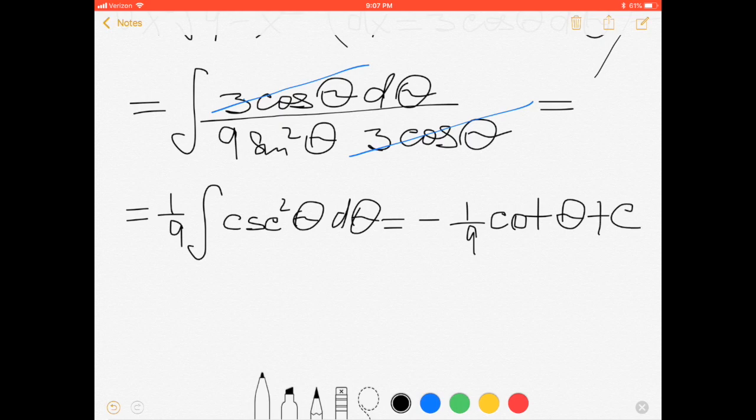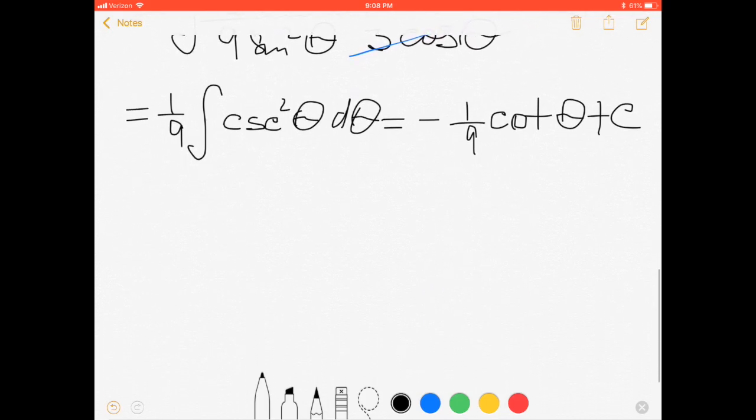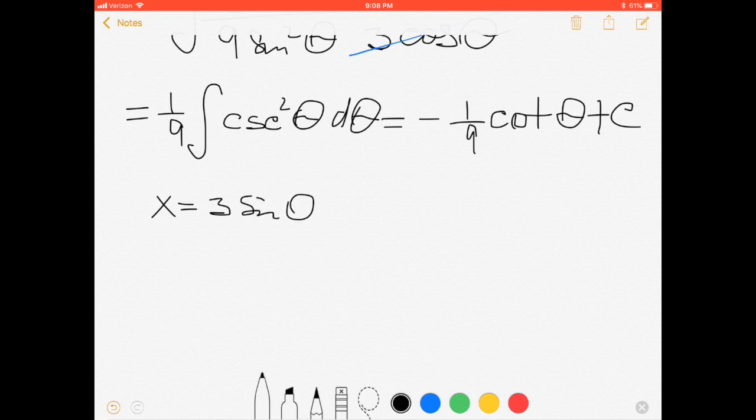Great, but question, we need to go back to our old variable, because this new variable helps us solve the problem, but we need the solution to depend on x. Here we need to remember what we have. x equals 3 sine theta.